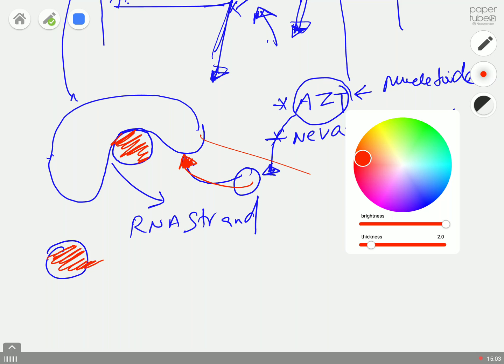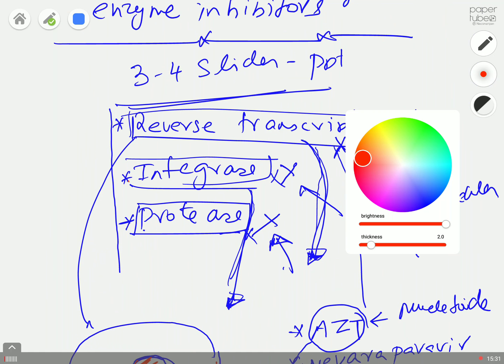So you stop the job of this enzyme, or you decrease the enzymatic action, by adding inhibitor molecules that mimic the molecular structure of your substrate. In this case, it's the nucleotide. Take the example of integrase.